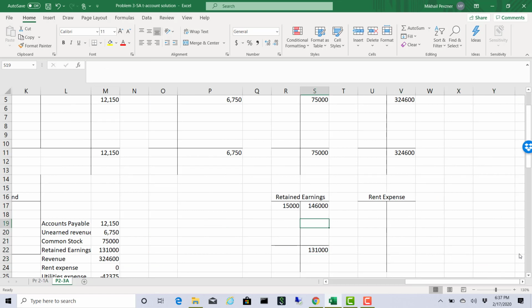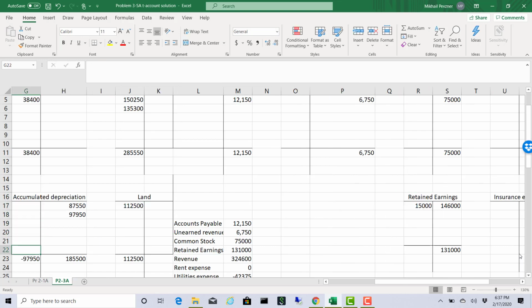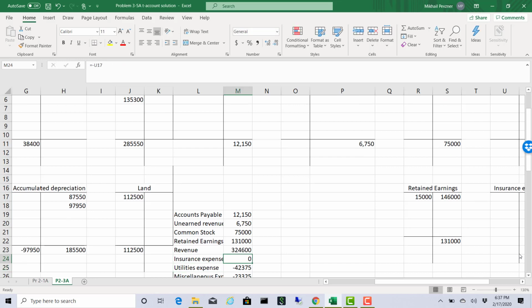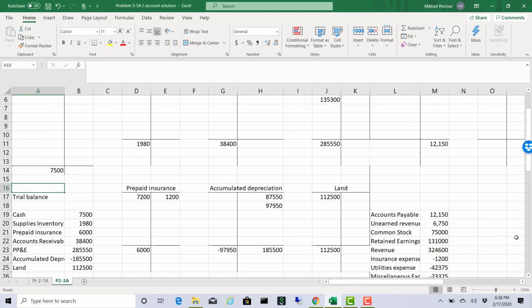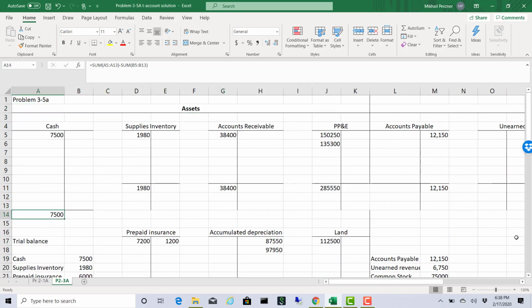I have a rent expense account, so I'm going to relabel it insurance expense, and it was $1,200, right? Okay? So far, so good? The debit was to insurance expense, and the credit was to prepaid insurance. All right, right here. See that?